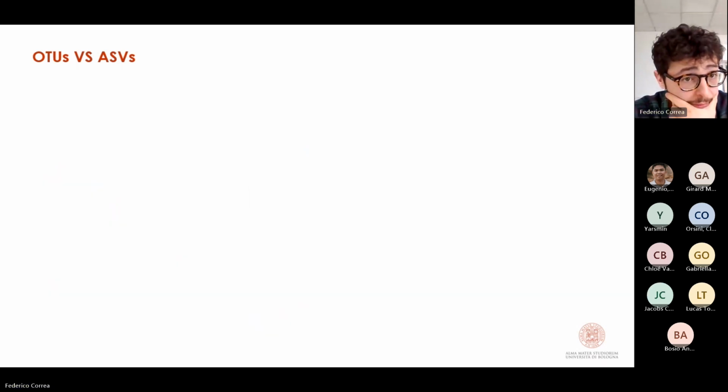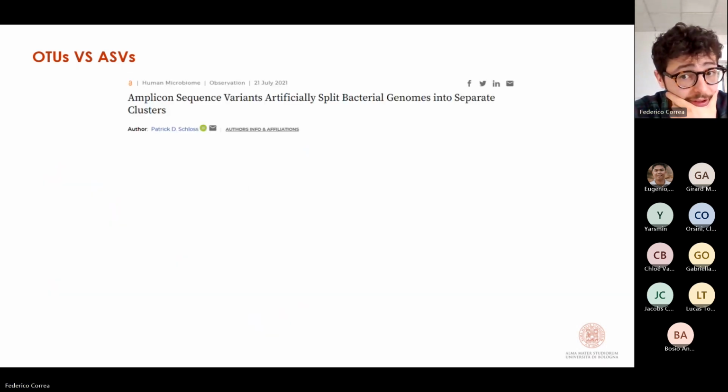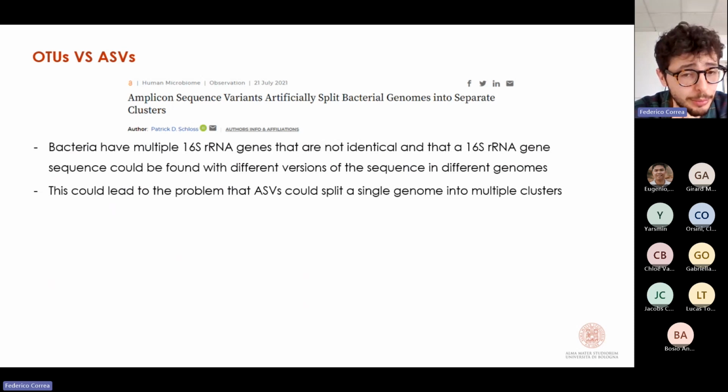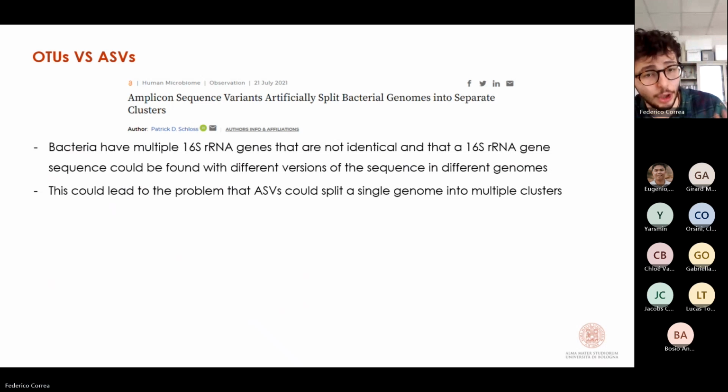Okay, but now there are some problems with amplicon sequence variants that have been pointed out by Dr. Schloss. For example, one problem with amplicon sequence variants is that bacteria usually don't have one copy of the 16S gene. They have different copies.